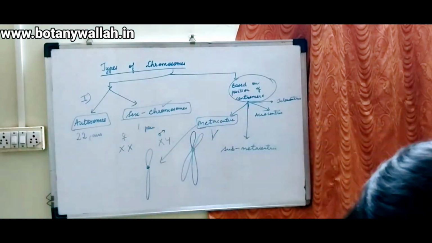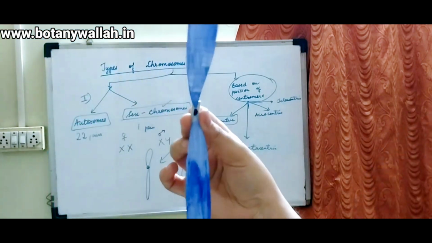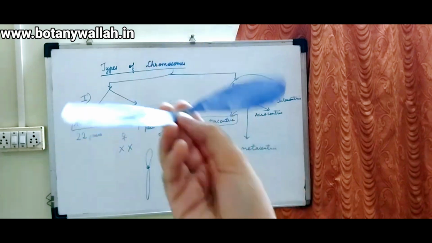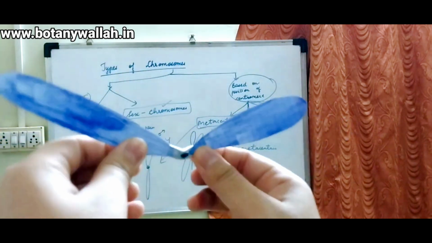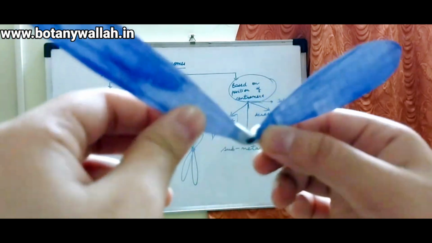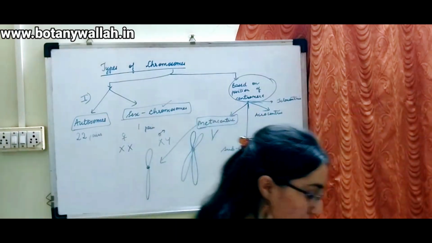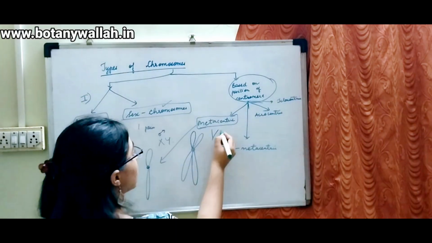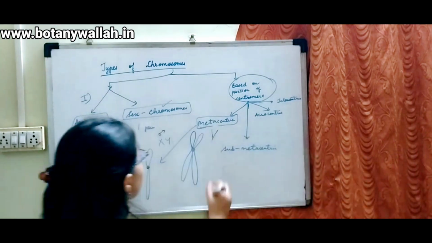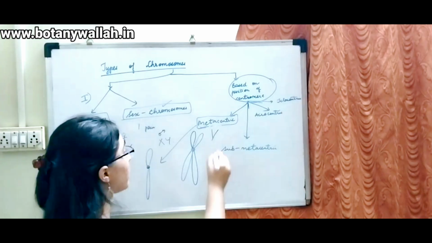So this metacentric is a V-shaped chromosome. Yes, understood.